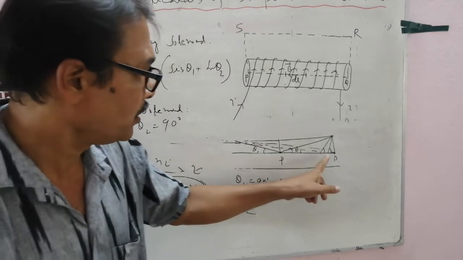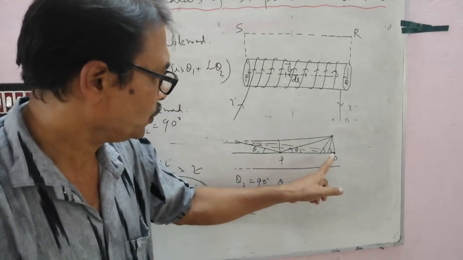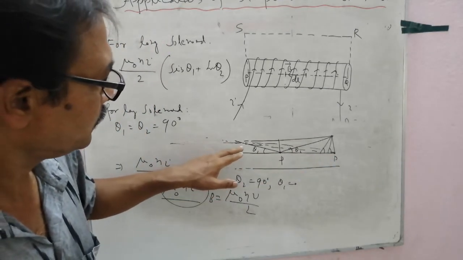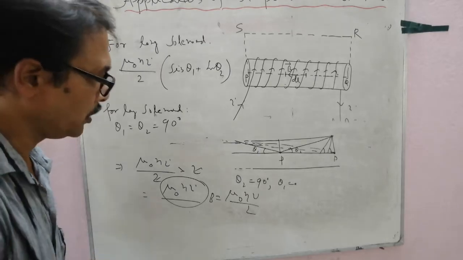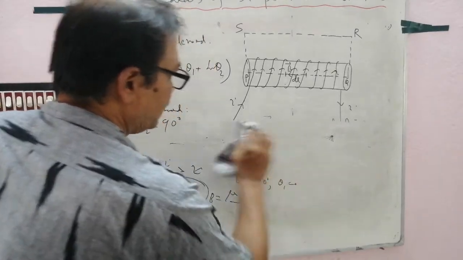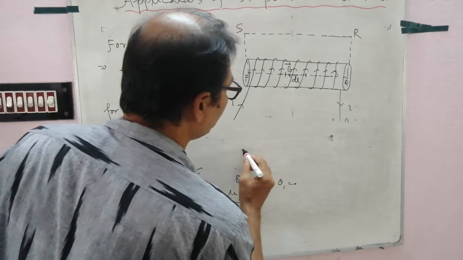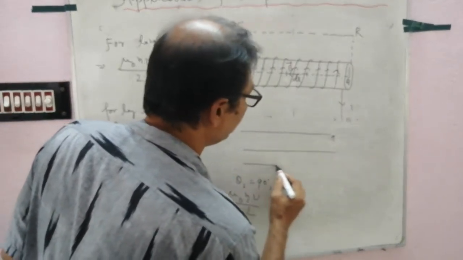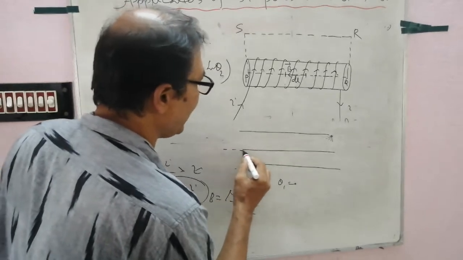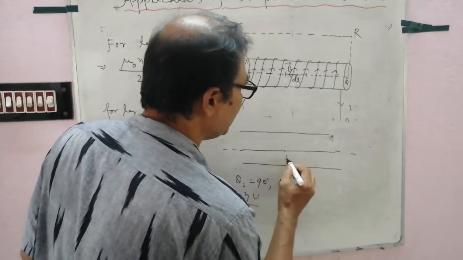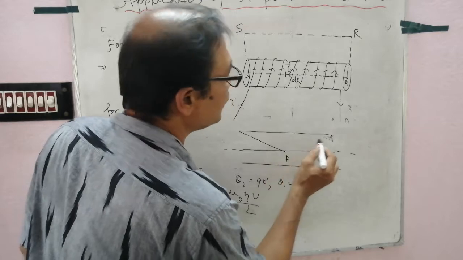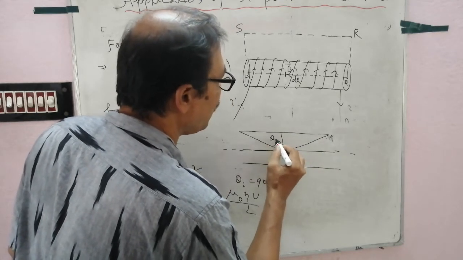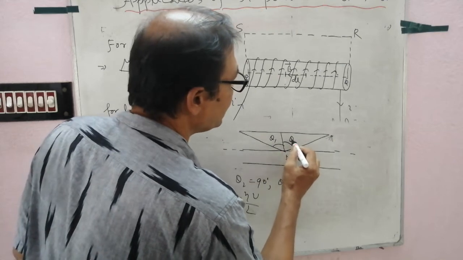If the point P is here, suppose, sorry, the figure will be slightly changed. This is the solenoid, this is the axis, this is point P. This is theta 1 and this is theta 2.